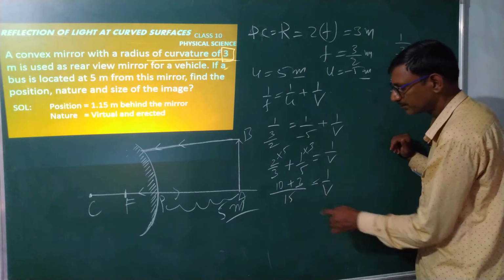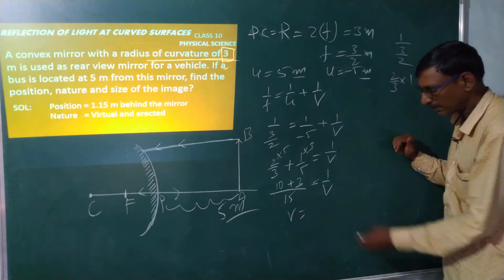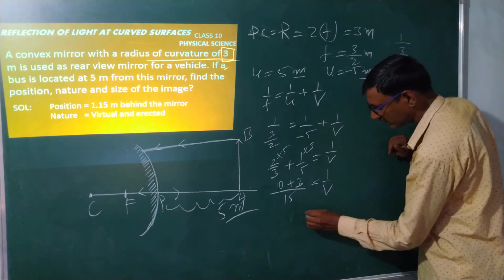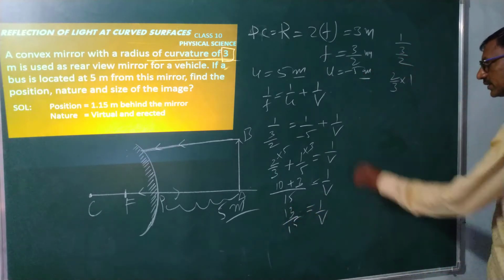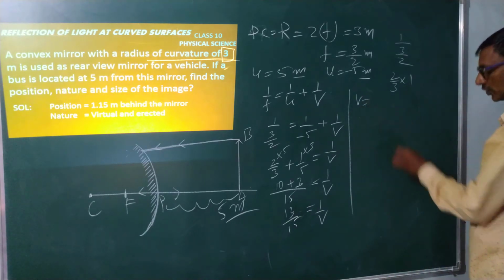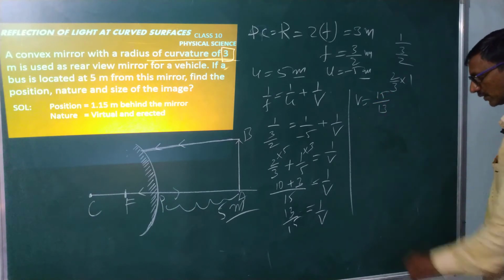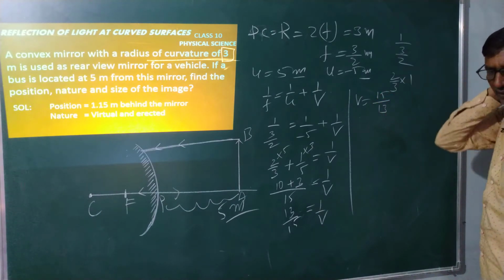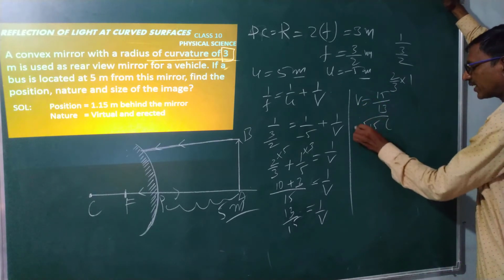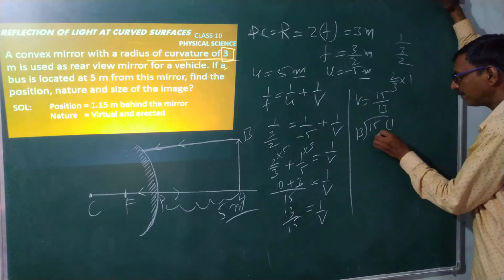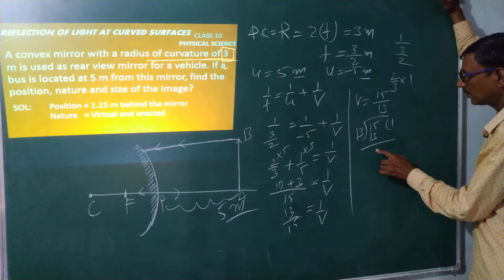13 by 15. Can I write 15 by 13 when we take V? Because it's a reciprocal, one second. 1 by V equals 13 by 15. Take its inverse. V equals 15 by 13. So we have to divide this to get the image distance. 15 divided by 13: 1 time 13, how much will you get? 2.